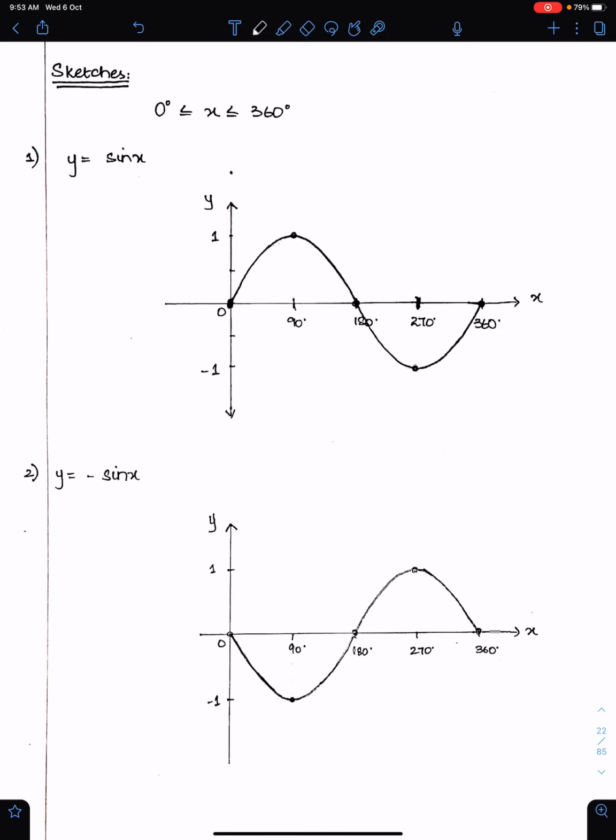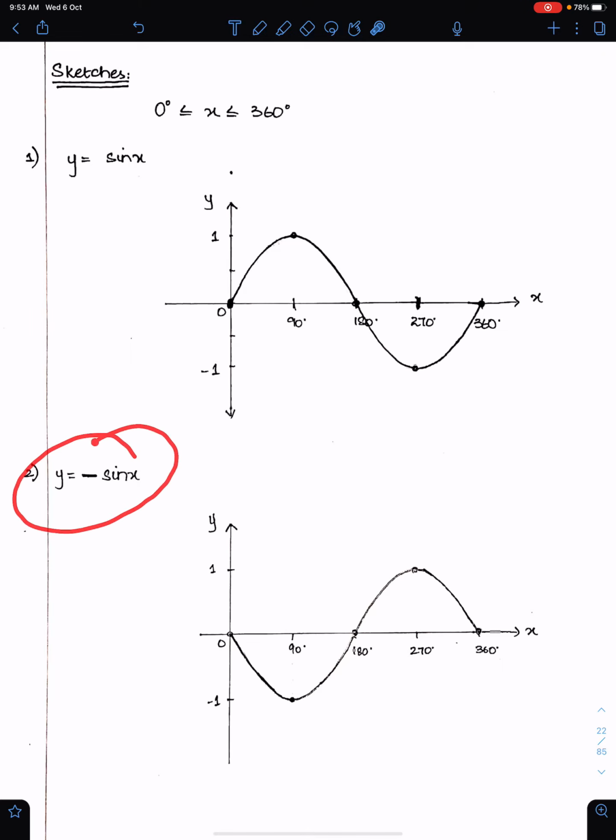So to sketch y is equal to minus sine x, we just need to reflect this curve about the x-axis. If you reflect this curve about the x-axis, you'll get the sketch of this one. This is the reflection of this curve about the x-axis.